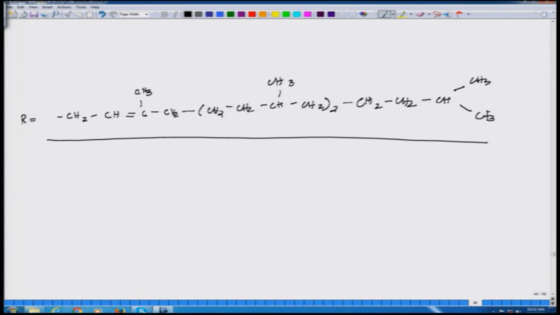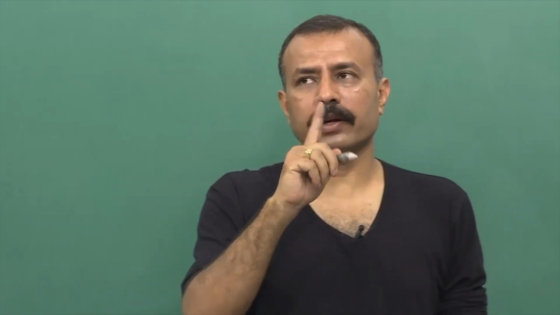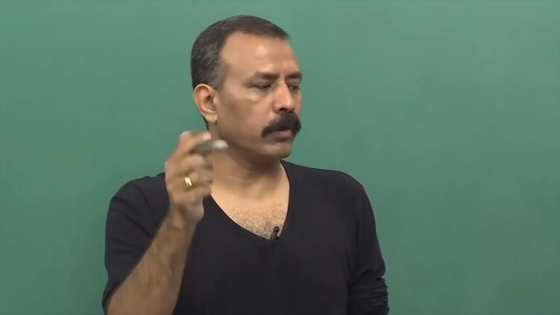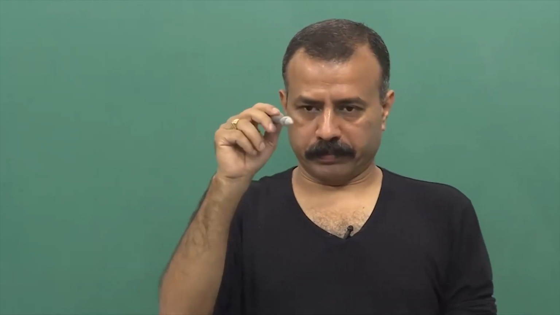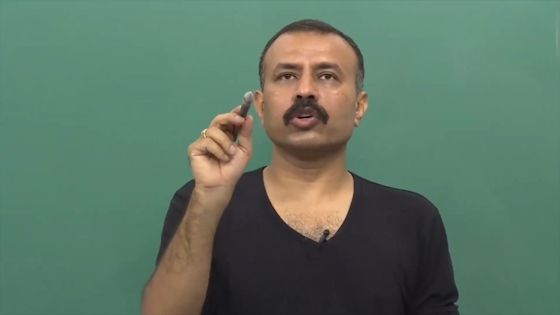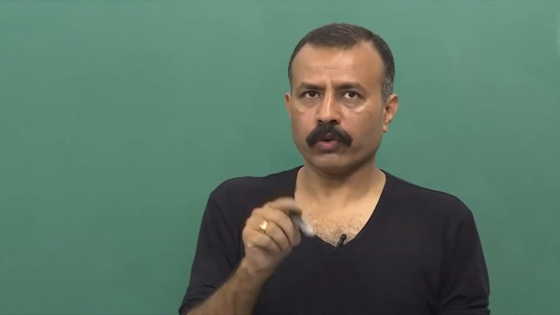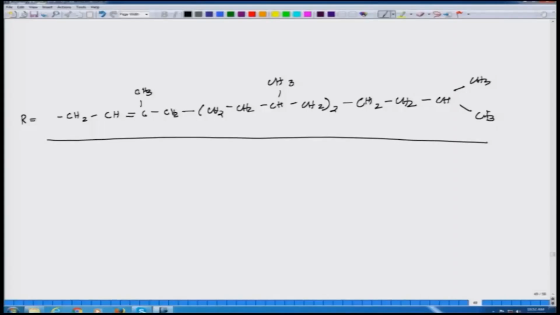So what we have talked about is that there is a chlorophyll a and a chlorophyll b based on that particular position, where it will be either CHO or CH3. Now we will talk about what distinguishes chlorophyll a and chlorophyll b. Coming back to the slide, this is the second R group we have talked about.